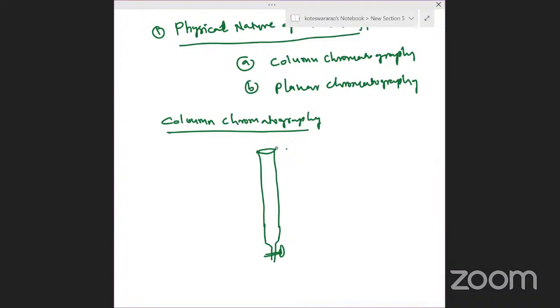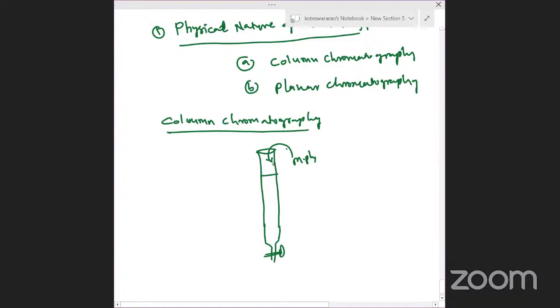The mobile phase is forced through the stationary phase, which may be a solid. In this case, the gravitational force is acting on the mobile phase passing through the stationary phase.